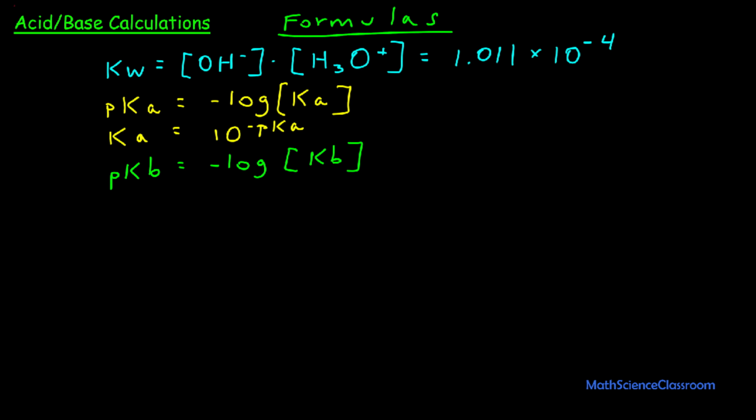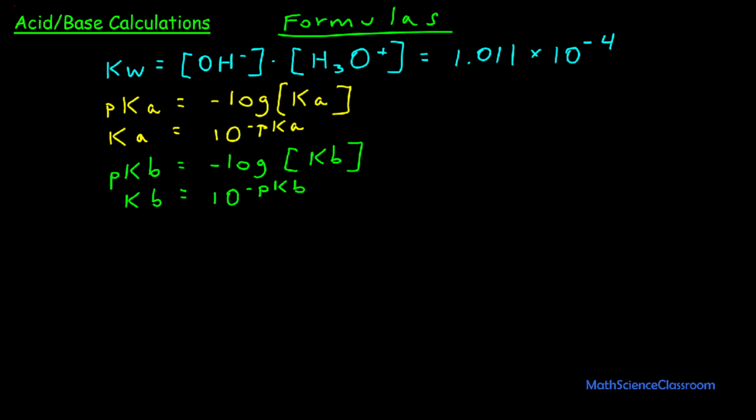And the same way as Ka, the Kb equals 10 to the negative pKb. And that's the base dissociation constant.